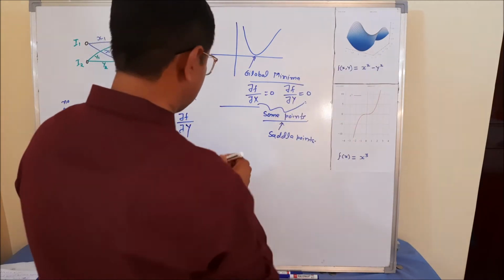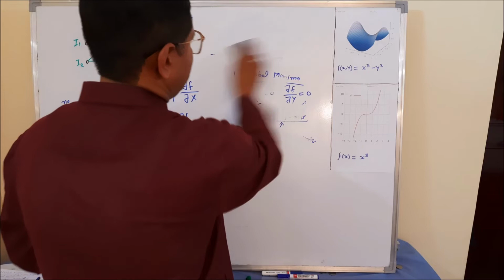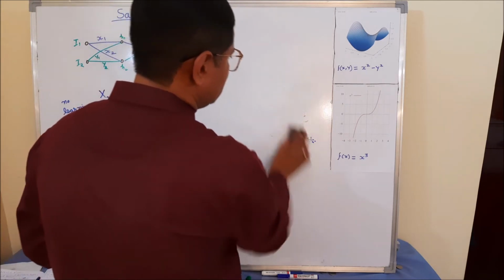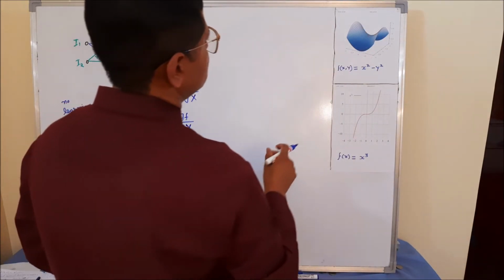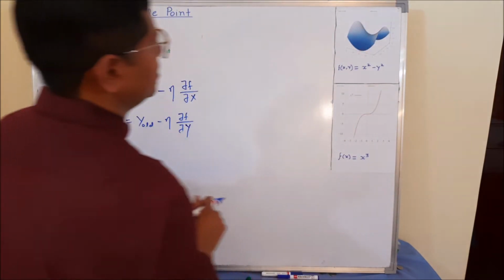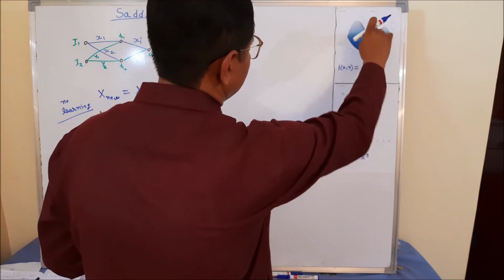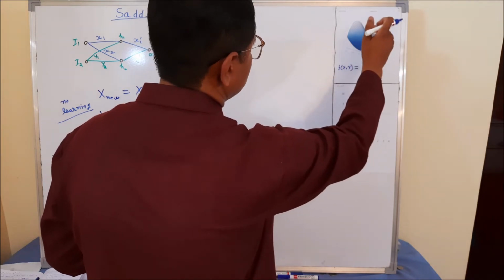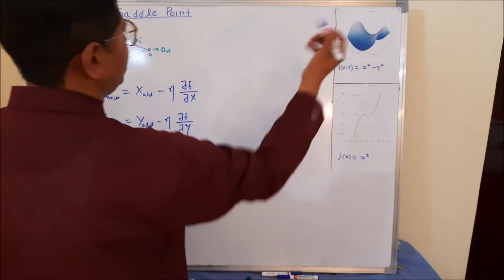Here you can see the hyperbolic paraboloid, and it is given that x equal to 0 and y equal to 0 is a saddle point for this system, meaning the tangent plane which passes through x equal to 0 and y equal to 0 shows the saddle point property. So we can check it.